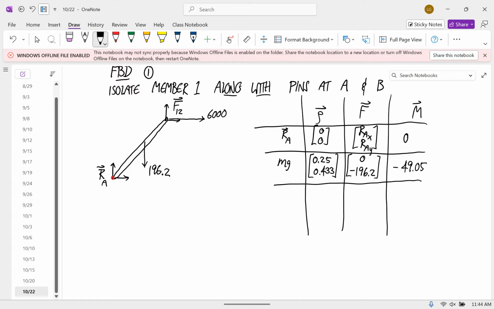And then I'll go up to the 6,000. The row vector is 0.5, 0.866. The force vector is 6,000, 0. And so the cross product is negative 5196.